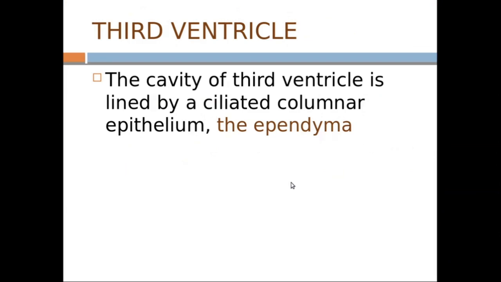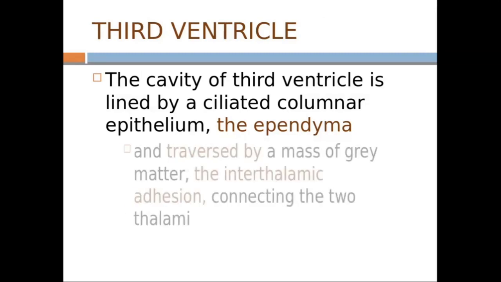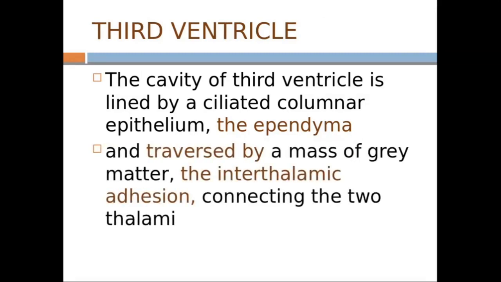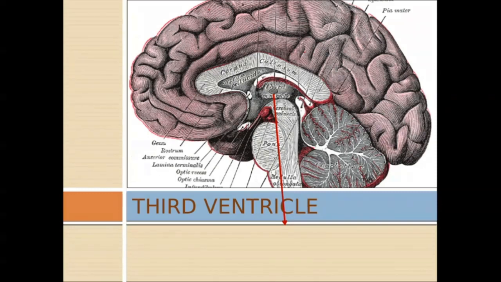The cavity of the third ventricle is lined by a ciliated columnar epithelium which forms the ependyma, and is traversed by a mass of grey matter, that is the interthalamic adhesion connecting the two thalami. So that is the third ventricle situation.